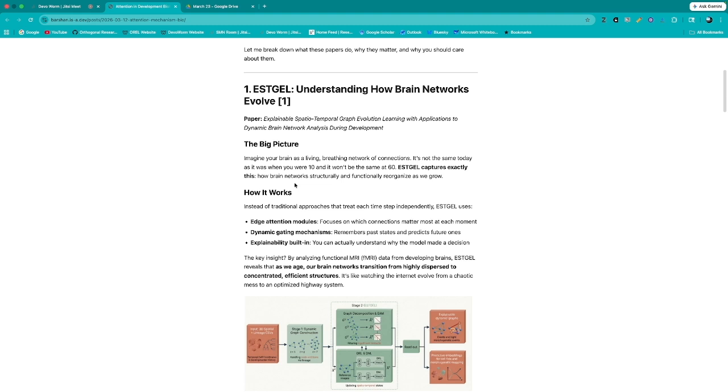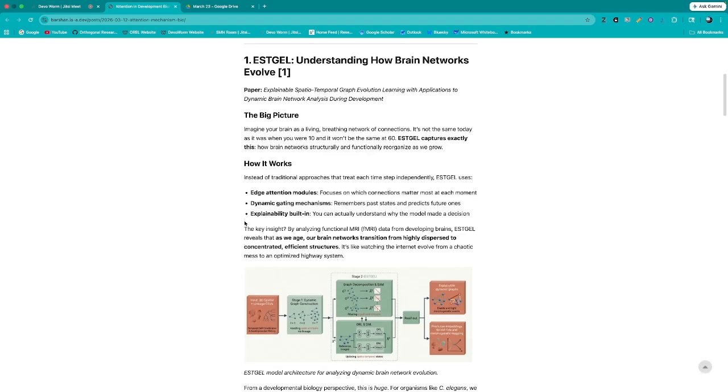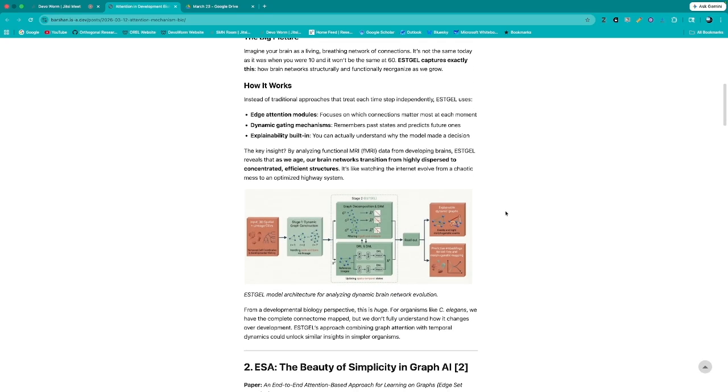It works by using edge attention modules, dynamic gating mechanisms, and explainability built in. The key insight, using MRI data, is that SGEL reveals that as we age, our brain networks transition from highly dispersed to concentrated, efficient structures.